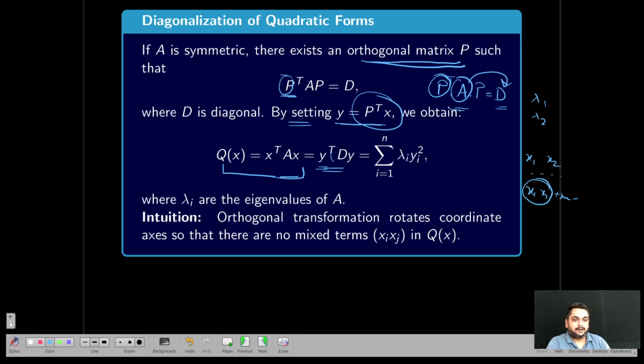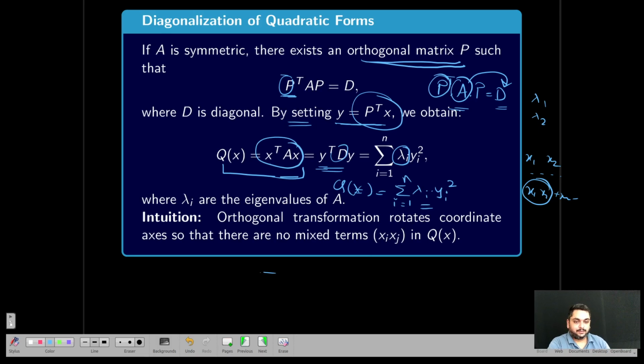The diagonal elements are given by the eigenvalues lambda. So this q of x now looks like the summation of i equal to 1 to n of lambda i into yi square. My initial form is converted to this form.